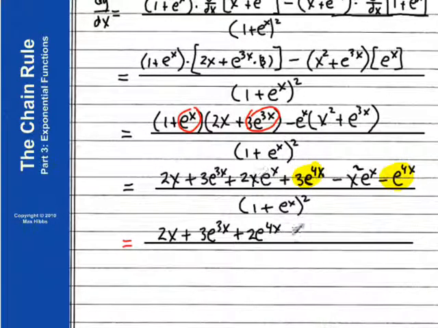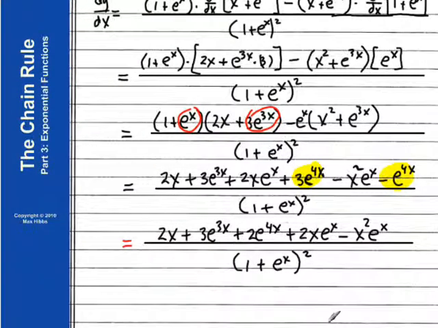And then I have this plus 2x e to the simply x, and then finally minus x squared e to the x, all divided by 1 plus e to the x, the quantity squared.